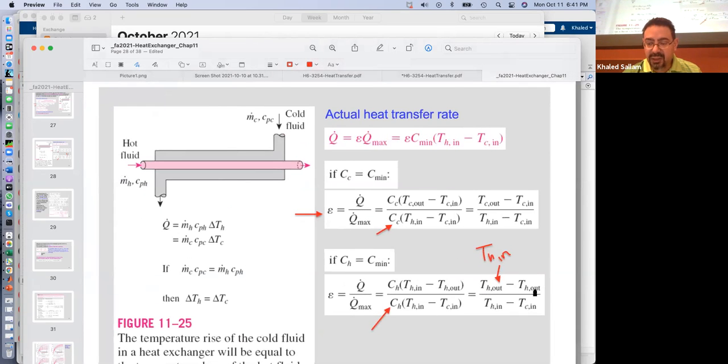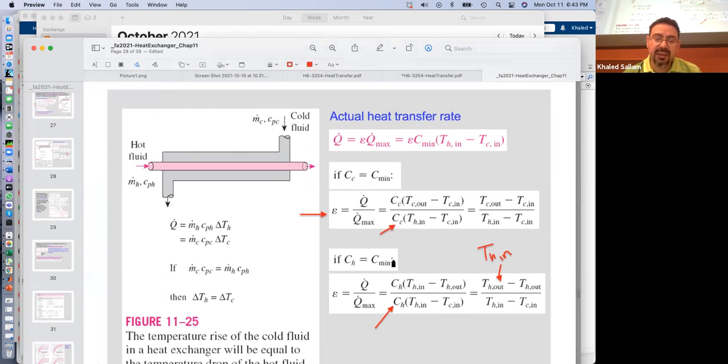So this should be THN minus TH out, or TC out minus TC in. The bottom is always THN minus TC in, which is delta T max.